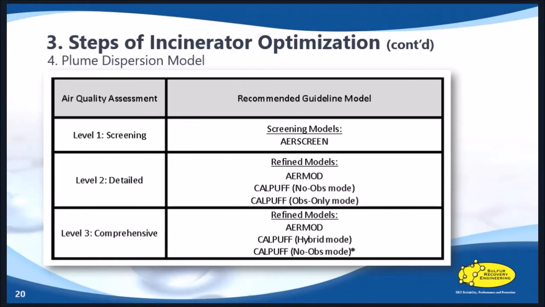This model could be categorized in 3 categories: screening models, detailed models, and comprehensive models. The comprehensive models are multi-layer and multi-species, while the screening models are the basic models, mostly steady-state, and mostly incorporating worst-case scenario-based situations.